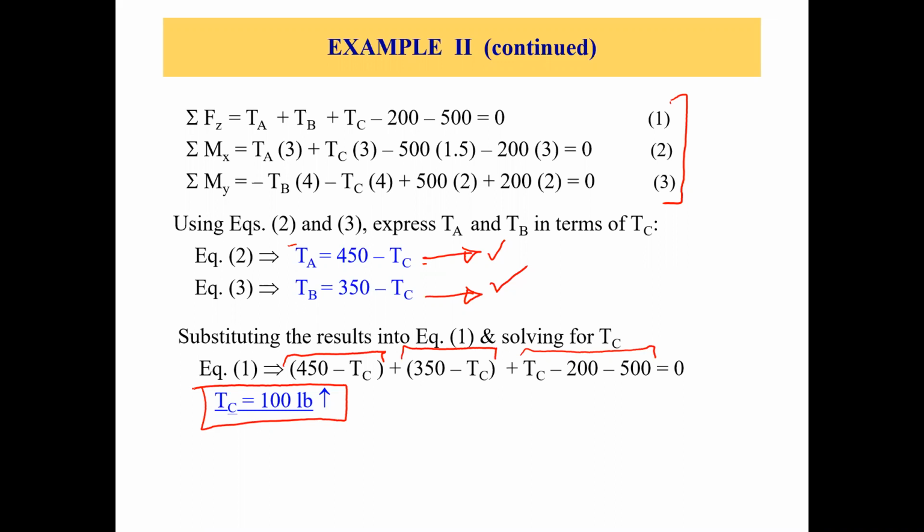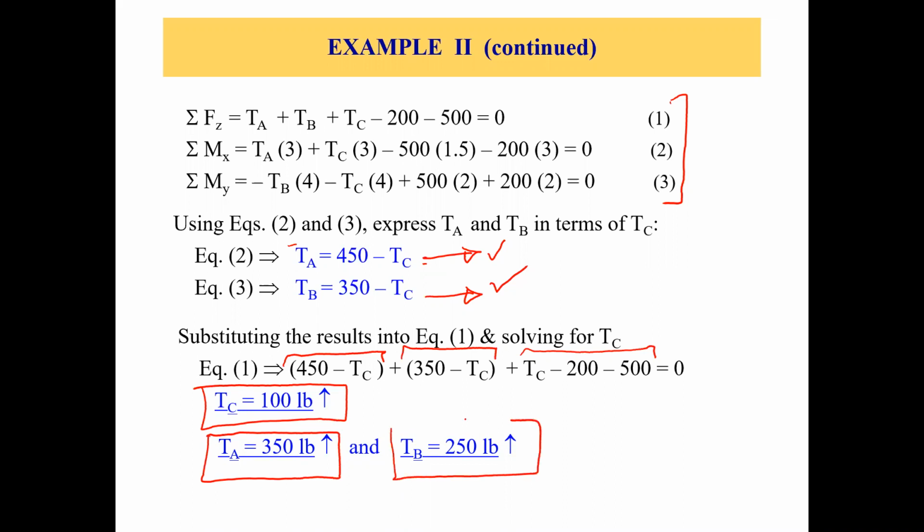But now it's easy because we already have these 2 equations which have TA and TB in terms of TC. So just put in the value of TC and we get TA equals 350 pounds, again positive, so again an upward force, and TB equals positive 250 pounds, again positive, and again an upward force, right?